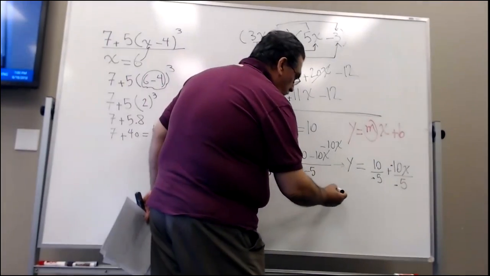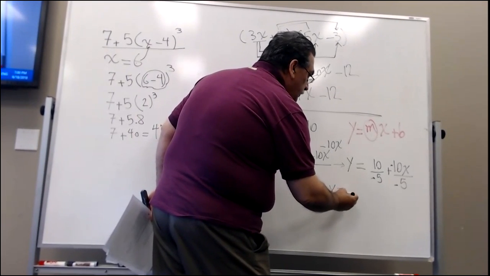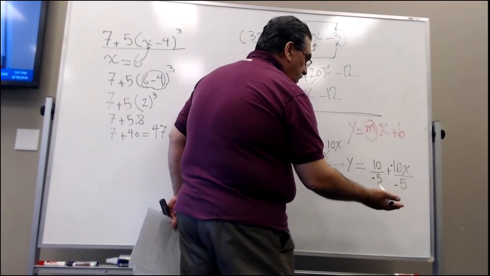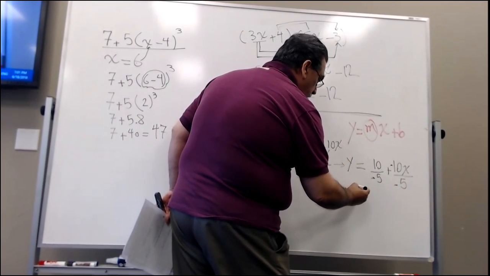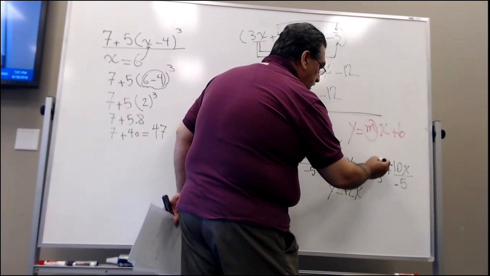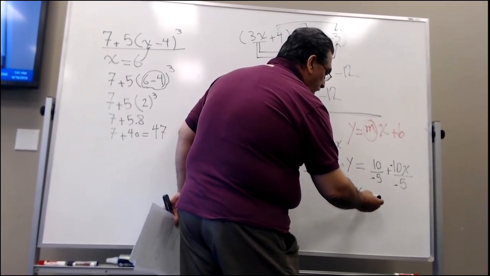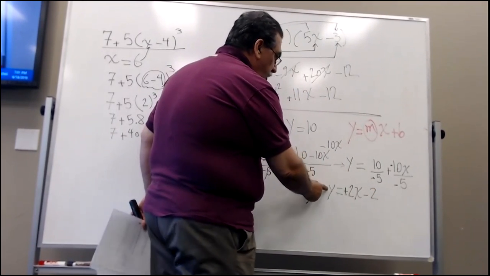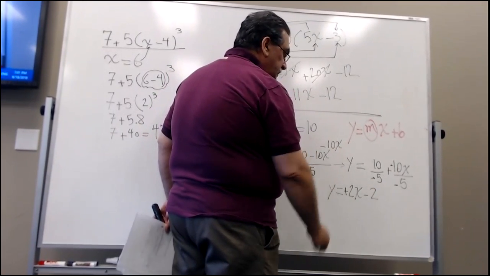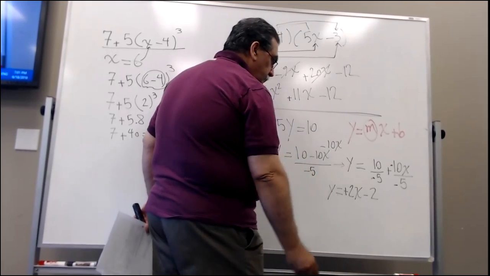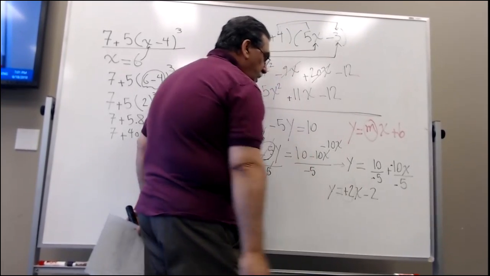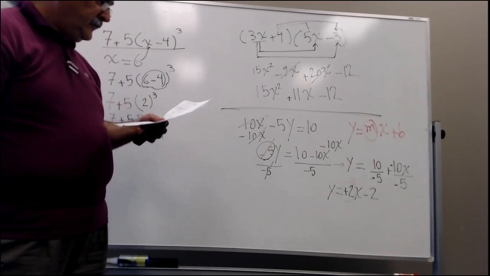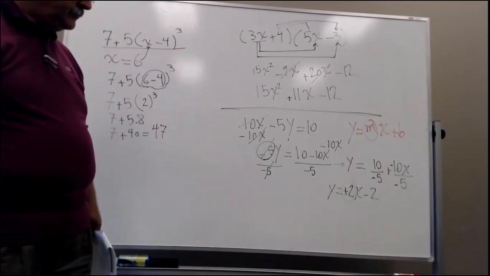So then y is equal to: 10 divided by minus 5 is minus 2, and minus 10x divided by minus 5 is plus 2x. So when you compare these two equations, what is m? Plus 2. That's the slope. So you just have to bring it into that form and find the slope.